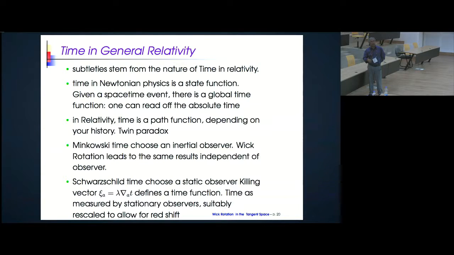This leads to things like the twin paradox. In Minkowski time, you choose an inertial observer, and Wick rotation is the same, regardless of the observer. And similarly, in Schwarzschild spacetime, one can choose a static observer. And what you're doing is taking the stationary observers and using their time suitably rescaled to allow for the redshift.